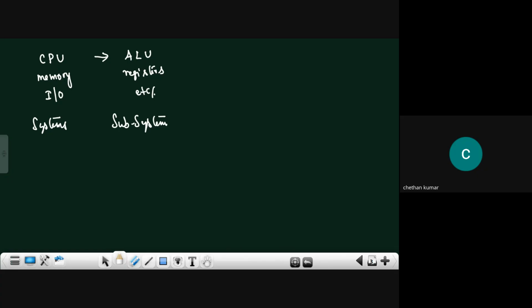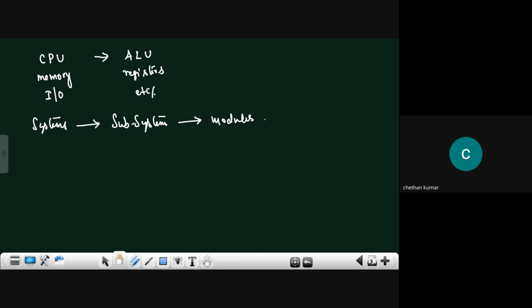Suppose I want to build a CPU, I need an ALU, which is a subsystem. How can we build an ALU? With arithmetic circuits like adders, subtractors, and some logical circuits. That we call modules.